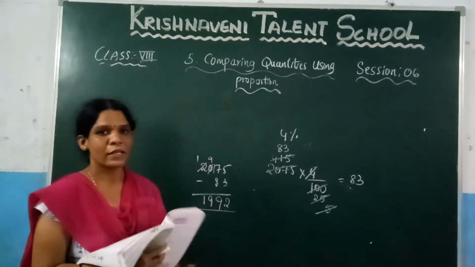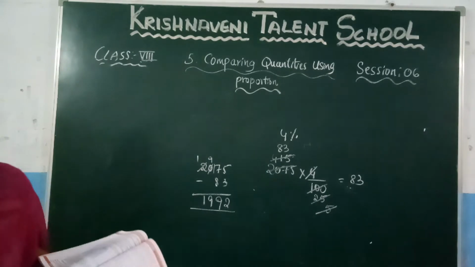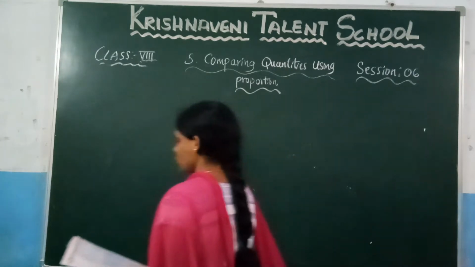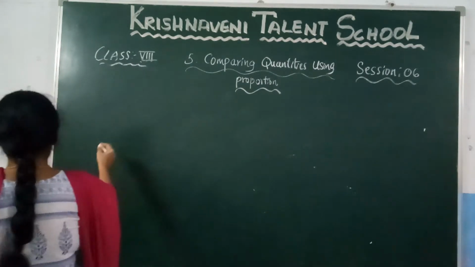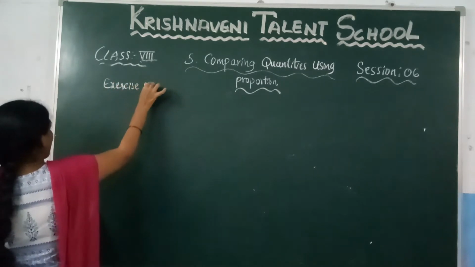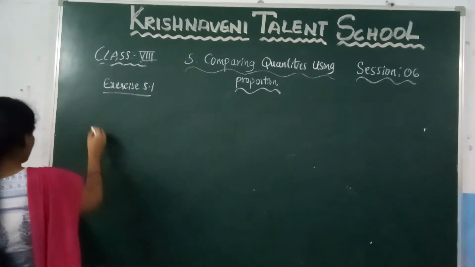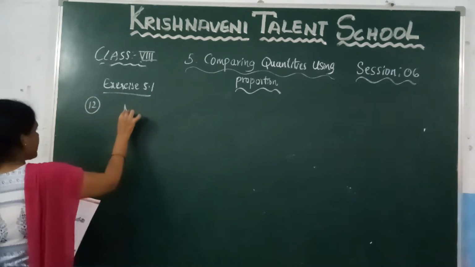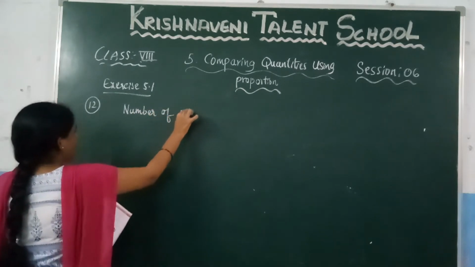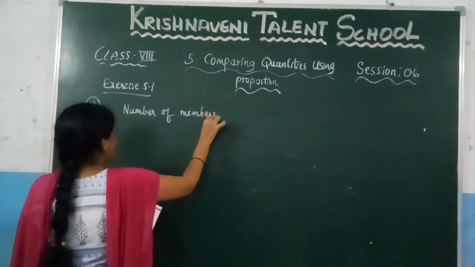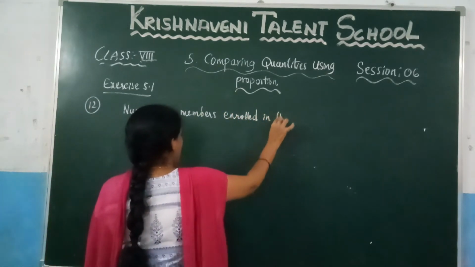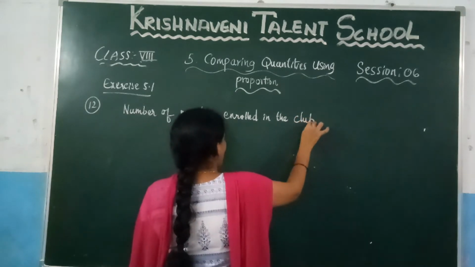This is the problem. Let us write this problem in the words. So in exercise 5.1, 12th question. So write it here. Number of members enrolled in the club last year.